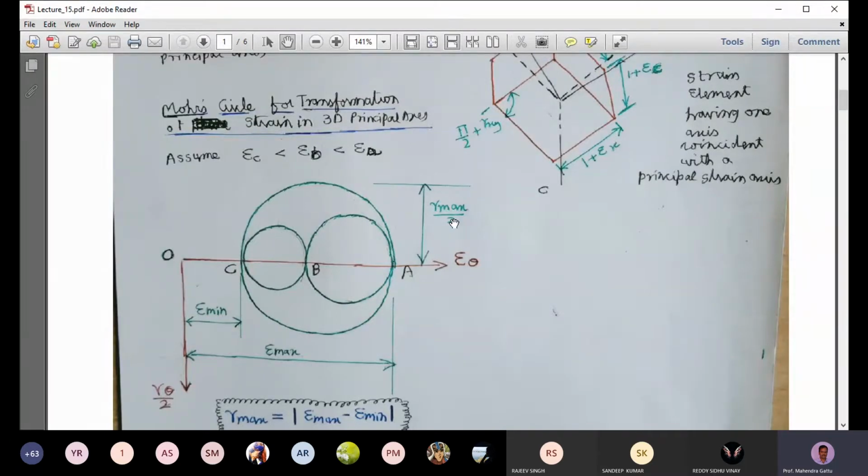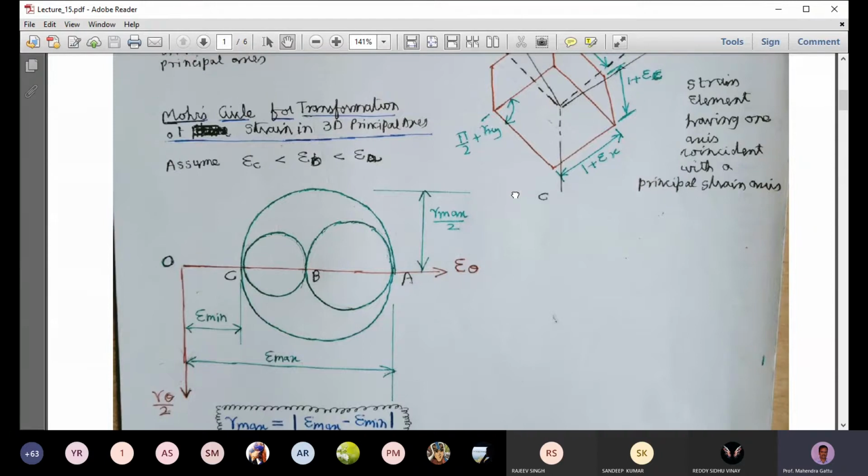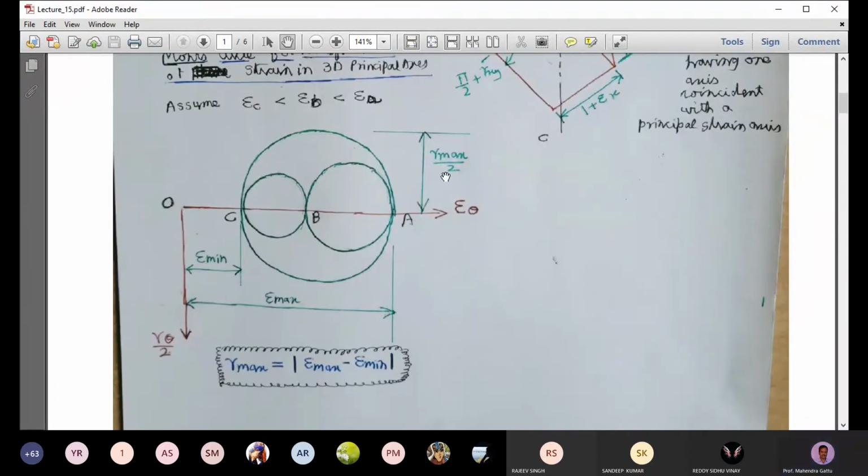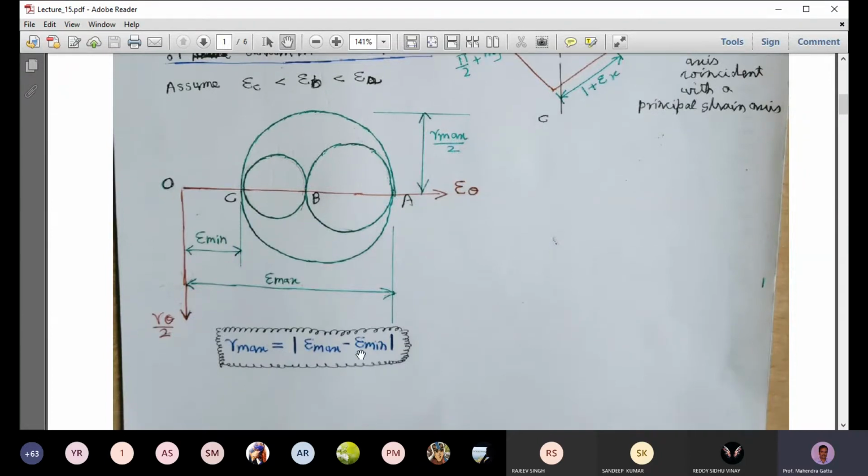And we can draw a Mohr circle by rotating about the b axis, and then we'll get epsilon a and epsilon c as the principal strains, and we get now a bigger circle, and this bigger circle will have the maximum shear strain. So that gamma max by 2 will be equal to the radius, and gamma max will be equal to the diameter. So the maximum shear strain will be epsilon max minus epsilon minimum.